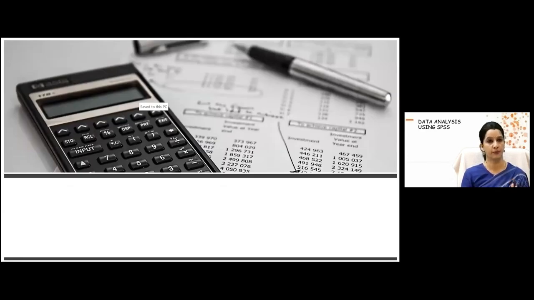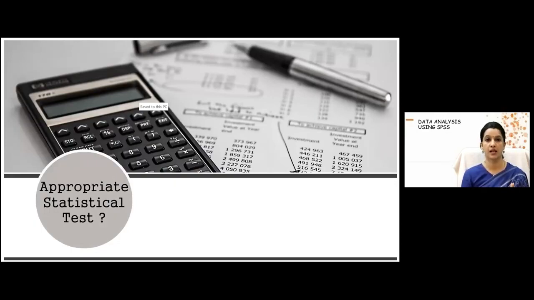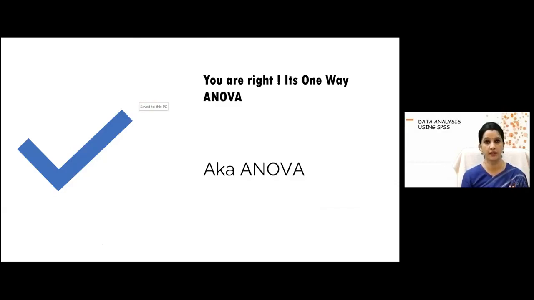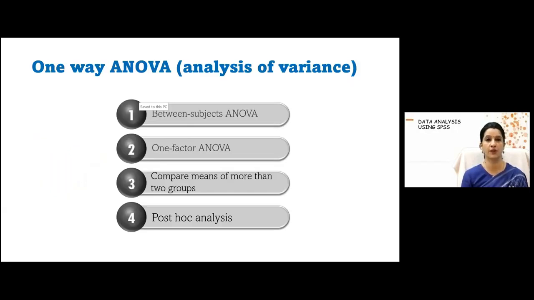So the appropriate statistical test for this would be a statistical test which can measure the mean of this across the nominal or ordinal variable, and the appropriate statistical test for such a research question would be ANOVA, also known as the analysis of variance.